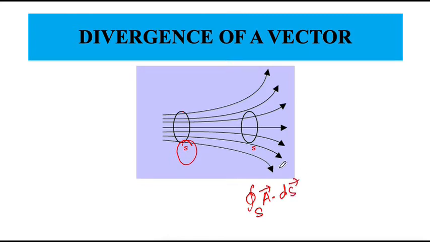Now we define the divergence of A as the net outward flow of flux per unit volume over a closed surface incrementally changed.